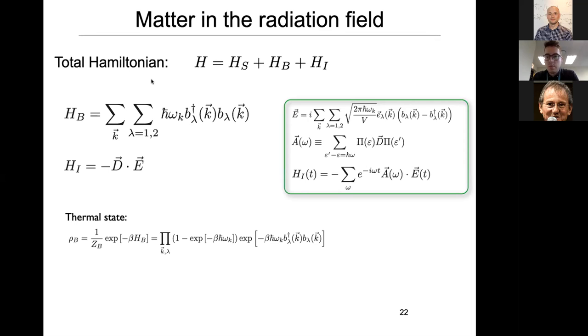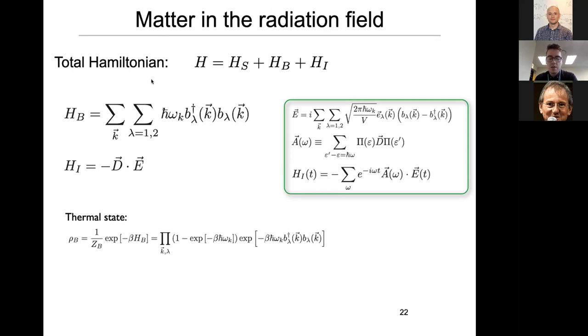So here, when I say matter, I mean something like the interaction between an atom or a molecule or an ion with some surrounding electromagnetic field. This type of situation is very commonly encountered in quantum optics. In this situation, our open quantum system is something like an atom or an ion or a molecule, and our environment we're modeling as a quantized electromagnetic field.